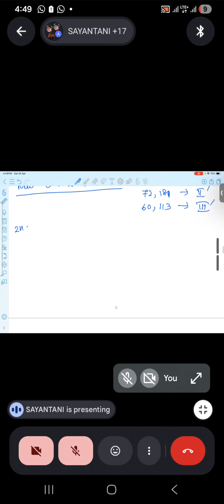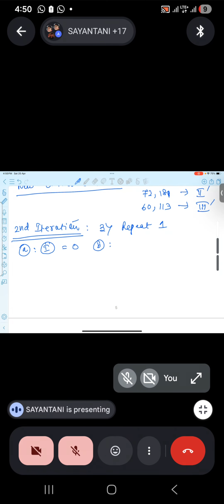Now in the second iteration, you will continue the same process. So for step number 3, you have to repeat step number 1. So I'm just writing the minimum values corresponding to your data points. A is going to be closer to 1, having a value 0.